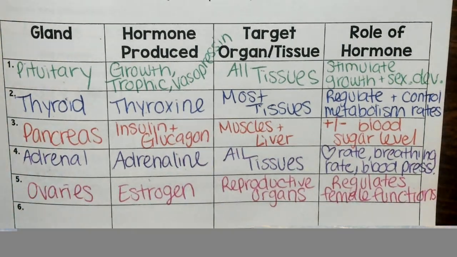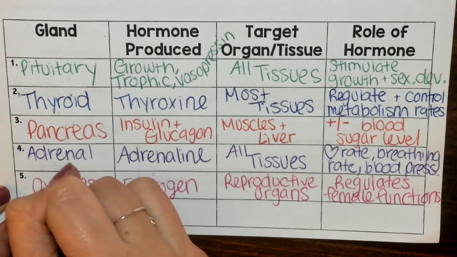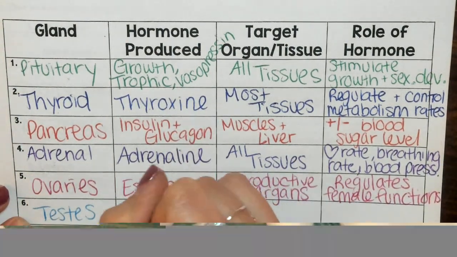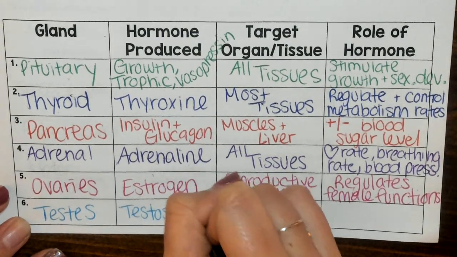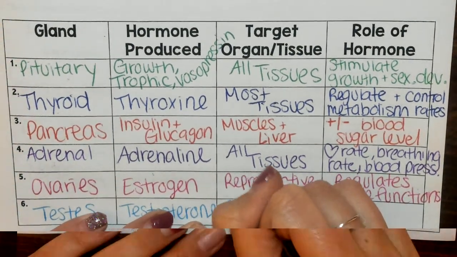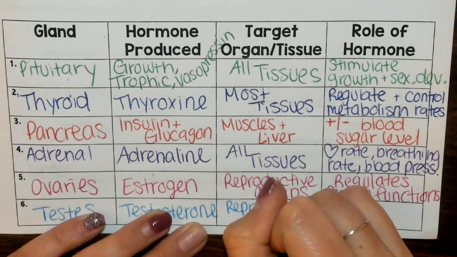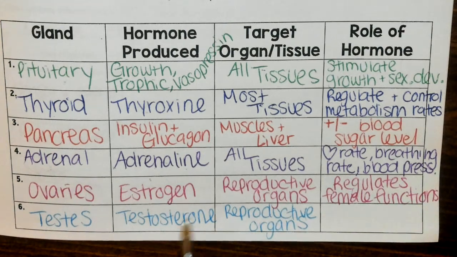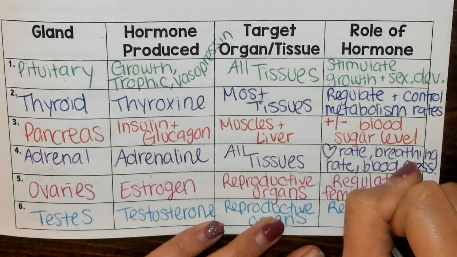And then the last one we have is testes. Testes are found in males, and they produce a hormone called testosterone. Testosterone is targeted to all the reproductive organs of males, and the role of testosterone is to regulate male functions.